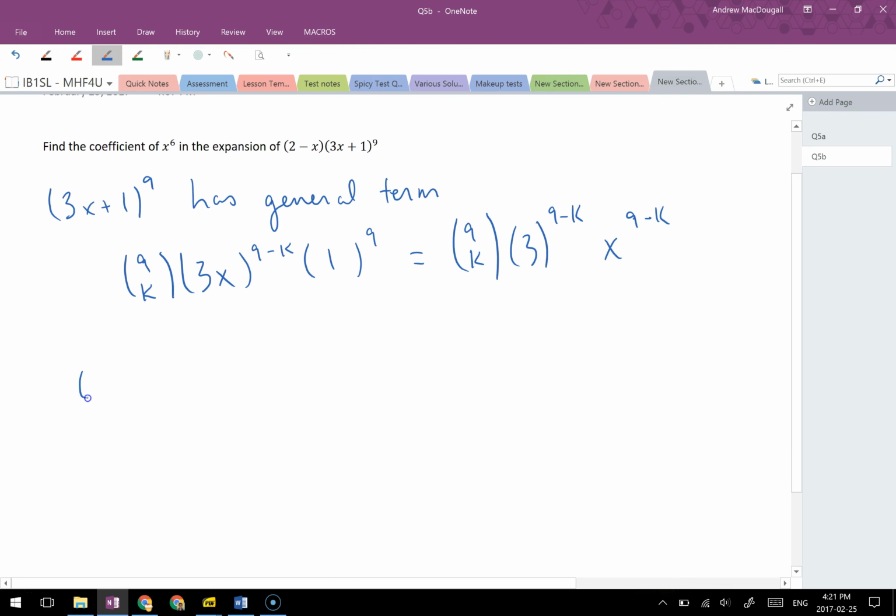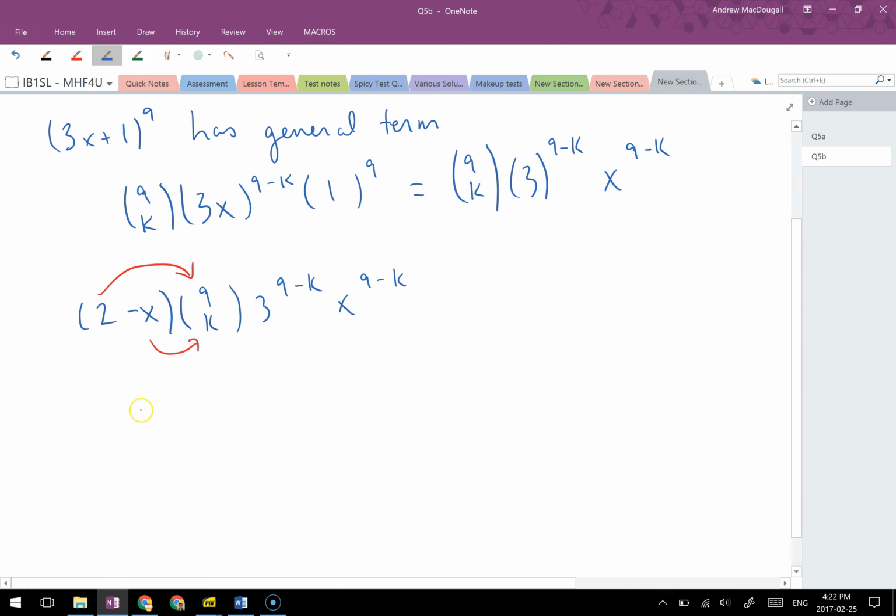So what we're doing is we're taking 2 minus x and we're multiplying it by these terms of the form 9 choose k, 3 to the 9 minus k, x to the 9 minus k. And once again, what we're doing here is distributing. We're multiplying the 2 and the negative x by those.